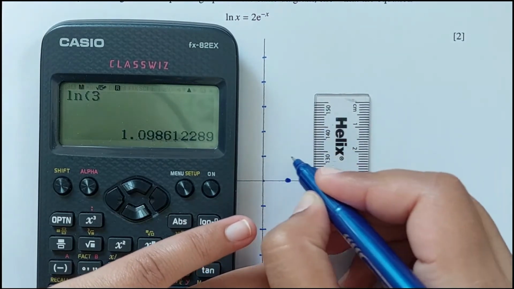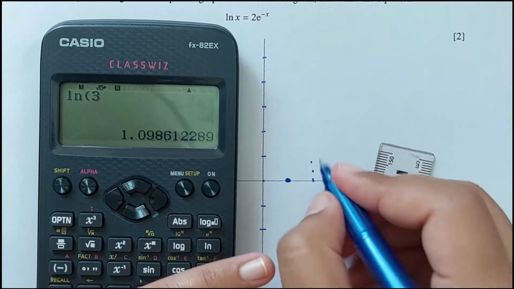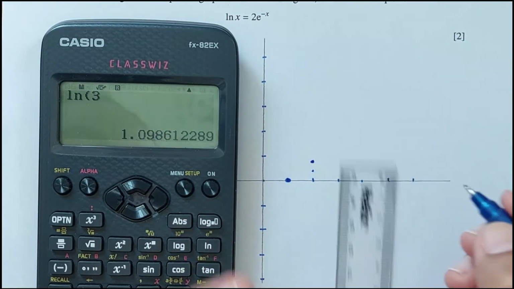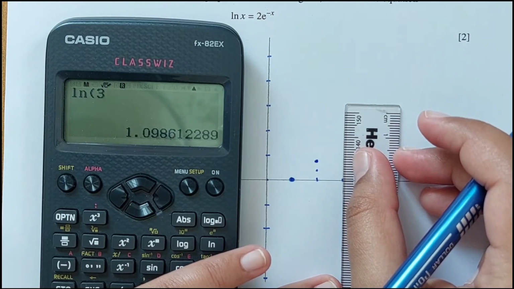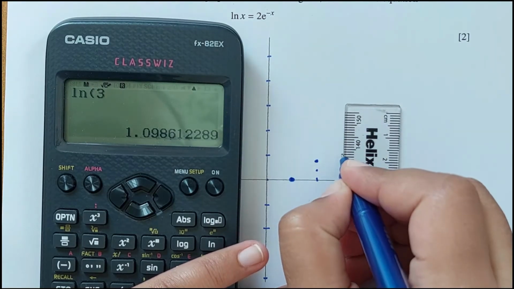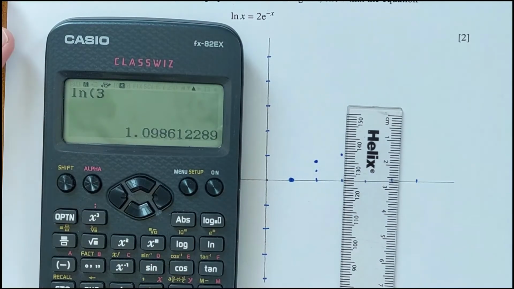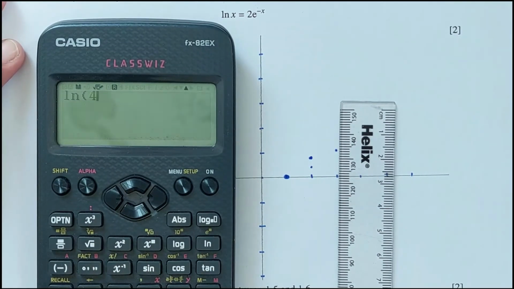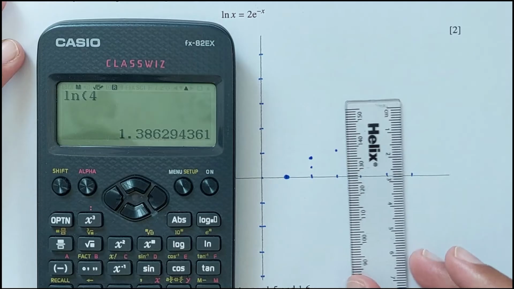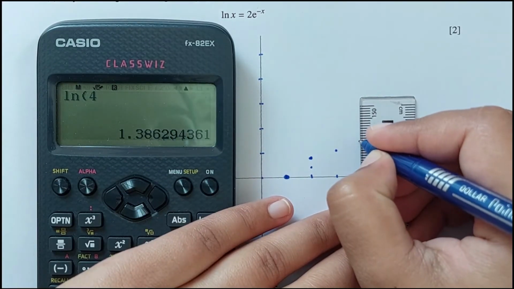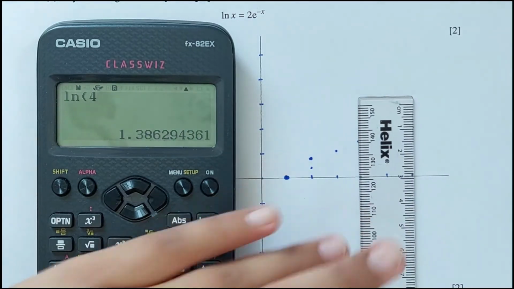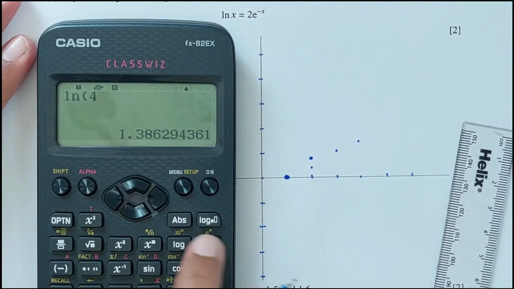And this is 1 over here. This point we can take, yes, this is better. ln of 3 is 1.1, a little bit above 1. And ln 4 is 1.4. This is ln 4. This is 1 and in the middle of 1 and 2. And ln 5 is 1.6.